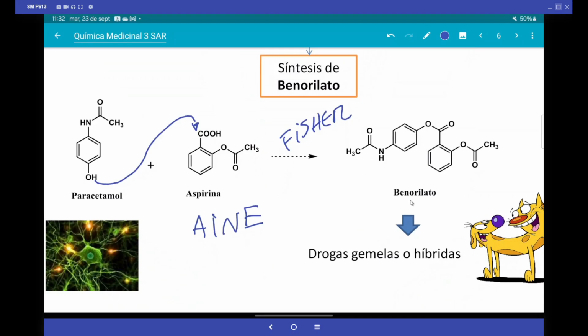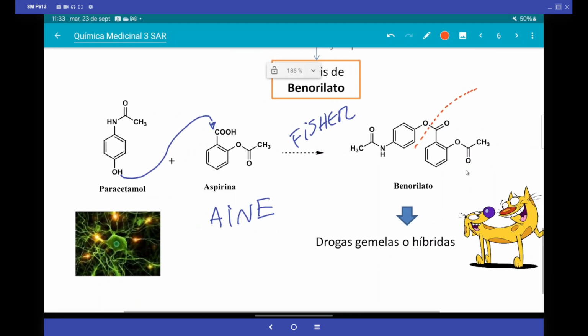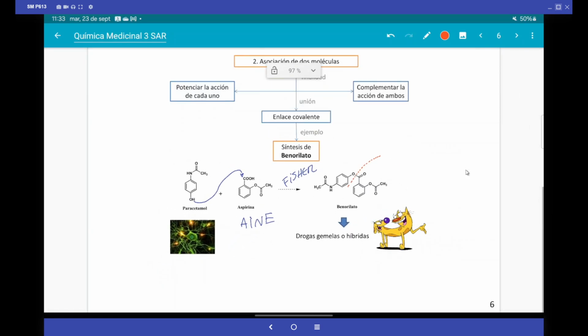This molecule is a hybrid molecule, because if it is metabolized internally, by enzymatic action or by the action of plasma esterases, when it breaks, paracetamol is going to be released and aspirin is going to be released. So it makes a lot of sense to treat inflammation in adult people.